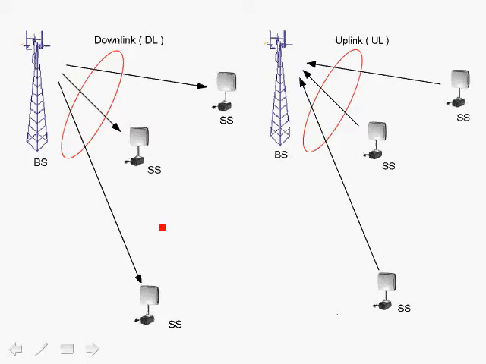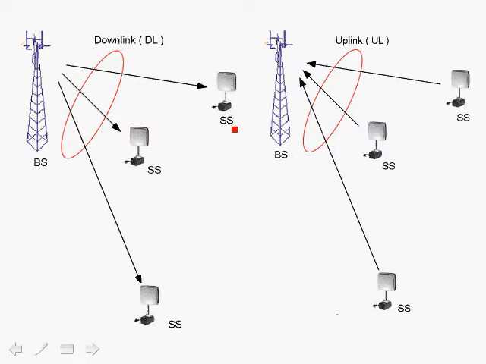To discuss OFDMA within a metropolitan area network, or say 802.16a, in general, these two diagrams, although simplified, will be used to discuss many aspects of OFDMA and also a lot of the issues that are involved. Here we show a base station with multiple subscriber stations.